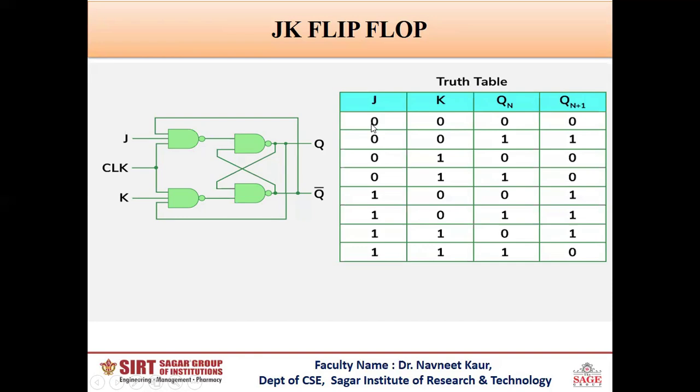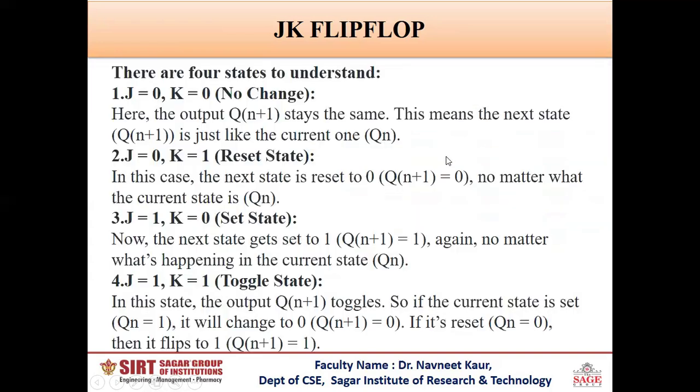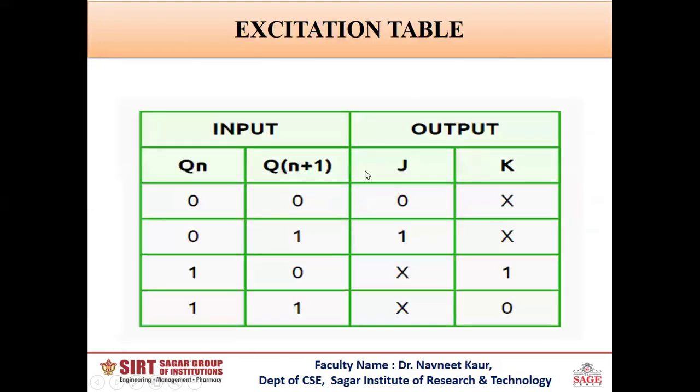Here we can conclude that for Qn equal to 0 and Qn plus 1 equal to 0, J is always 0, whereas K can be 0 or 1. So J is always 0 and K is the don't care condition.